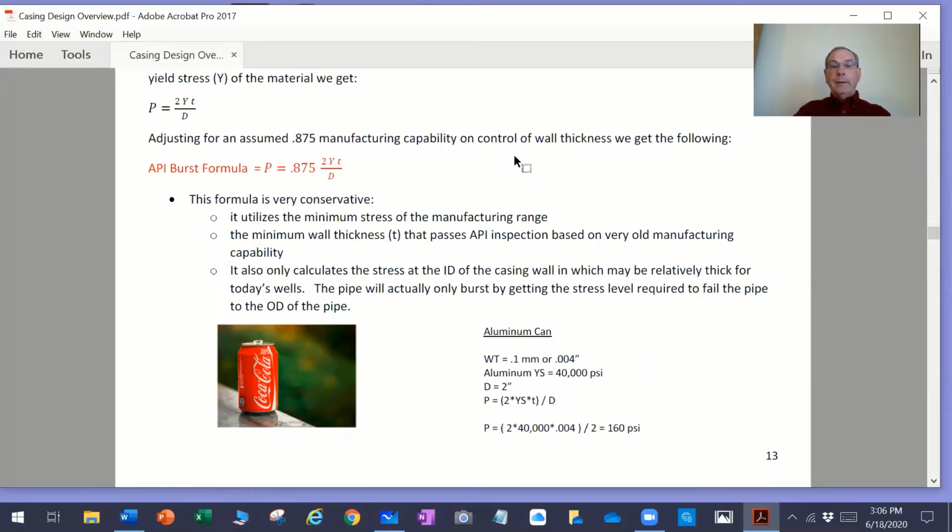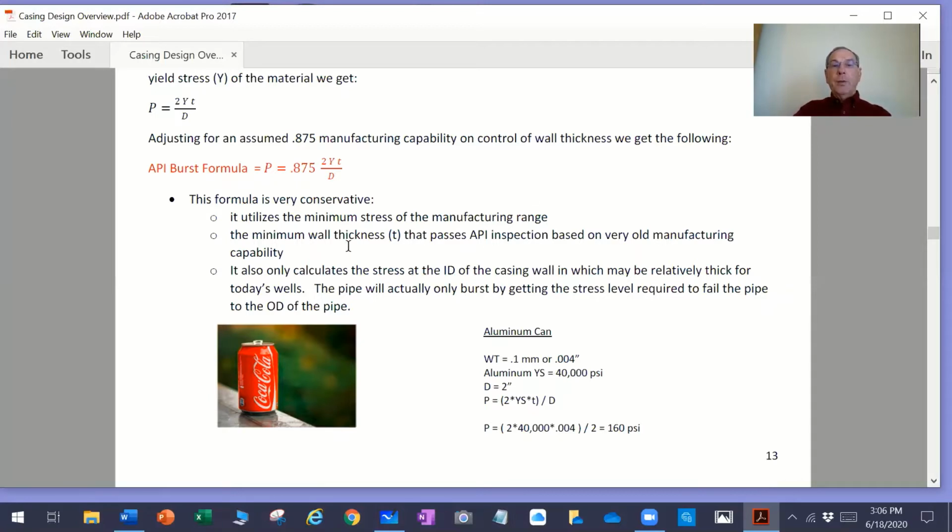It utilizes, for us in the oil and gas industry, the minimum stress of the manufacturing range. I mentioned in the first video that the actual manufactured stress might be 15 to 20,000 over the minimum because they don't want to have any rejects.